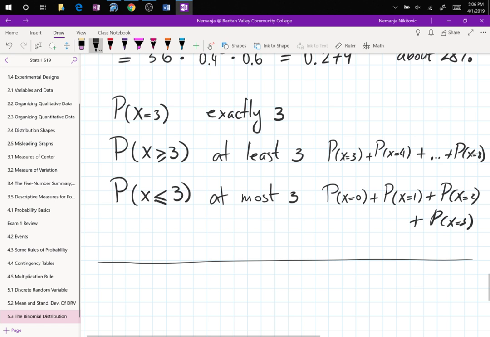Of 9 randomly selected American adults, find the probability exactly 5, at most 5, at least 5.